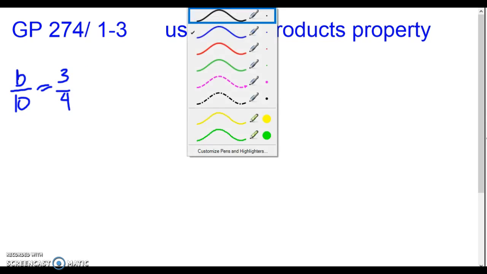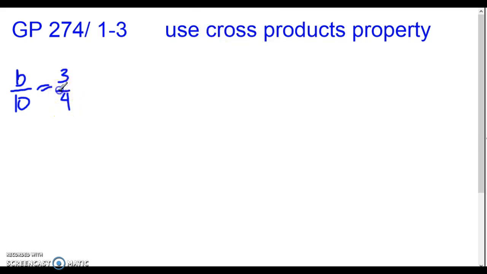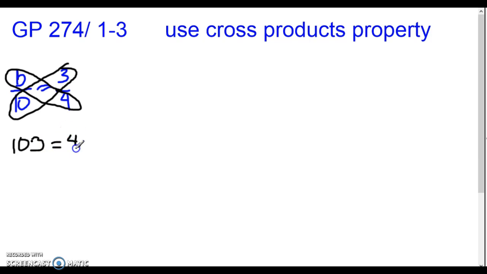So I'm going to go ahead and circle my cross products. So these are cross and diagonal from each other, and these are cross and diagonal from each other. So I know 10 times 3 will equal 4 times b. So 10 times 3 equals 30. 4 times b equals 4b.